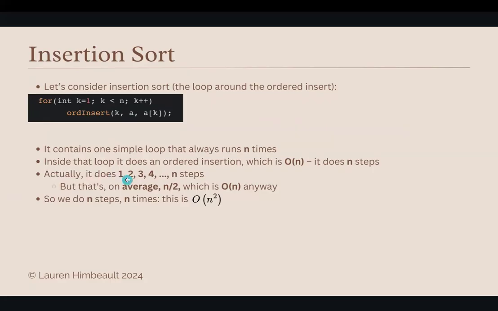Actually, what it does is the first time it'll do 1 step, the next time it'll do 2 steps, then 3, then 4, right? Because the first time that our ordered insert runs, there's only 1 element in the sorted portion. The next time it runs, there are 2 elements in the sorted portion. The next time there are 3, and so on until the very last element needs to get sorted, and there are n minus 1 elements in the sorted portion.